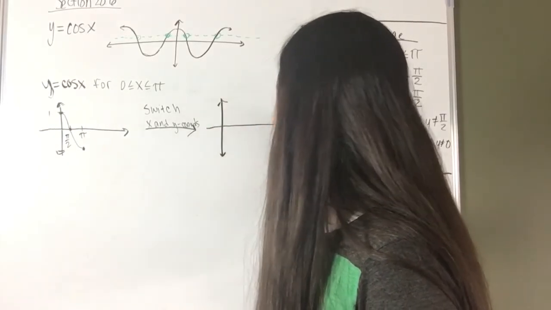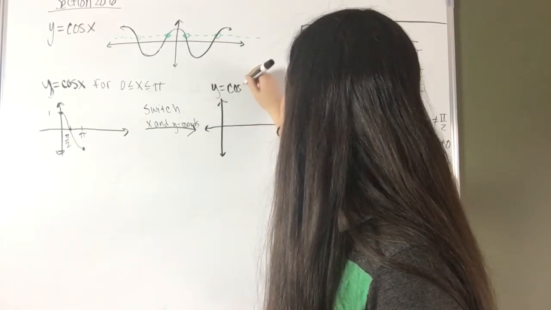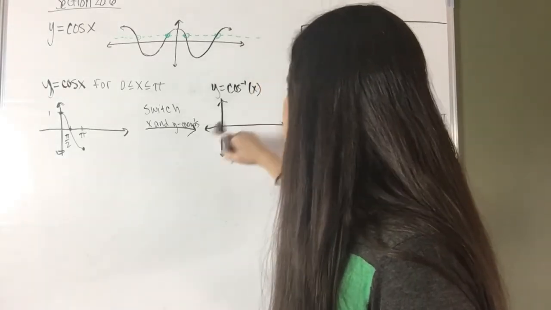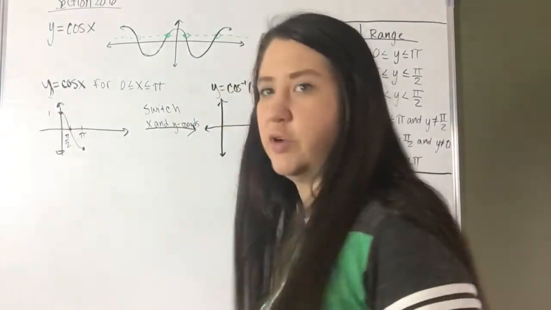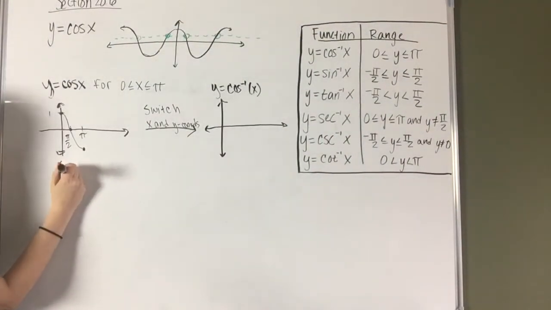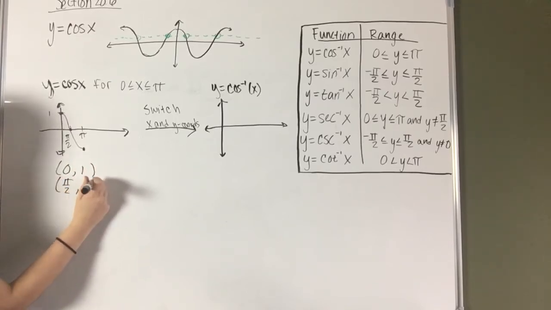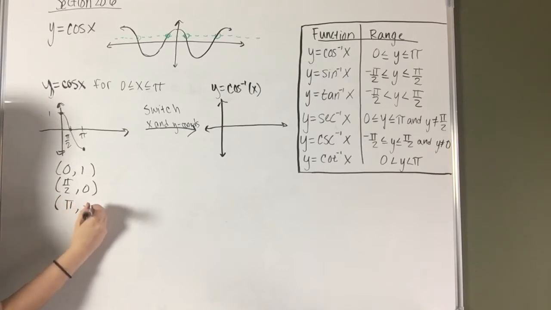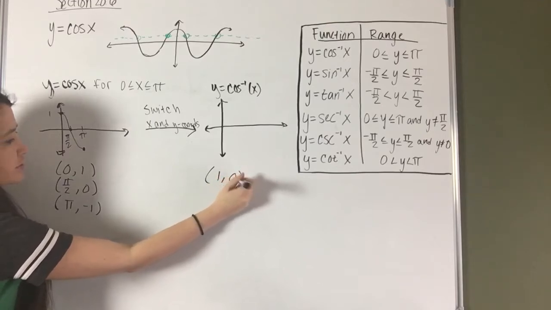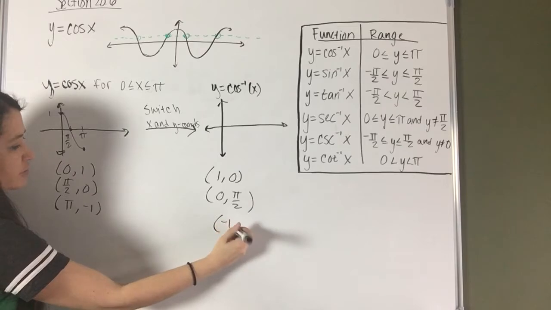So what we would be creating now is a graph for the inverse cosine by switching these coordinates. What are these coordinates? Well, let's write them down here so we can switch them. We have the coordinates 0, 1, pi over 2, 0, and pi, -1. So if we switch those, we're going to have the coordinates 1, 0, 0, pi over 2, and -1, pi.